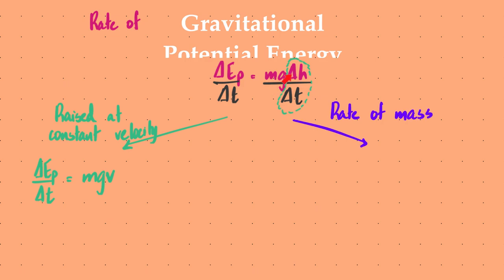It would give you the height that it goes through, but it would also say something like, some mass is raised at a rate of, let's say, 5 kg per second. In that case, it gives you m over t, which you know is the mass flow rate, m dot, g is g, and delta h. So that is, in that case, the rate of change of potential energy.